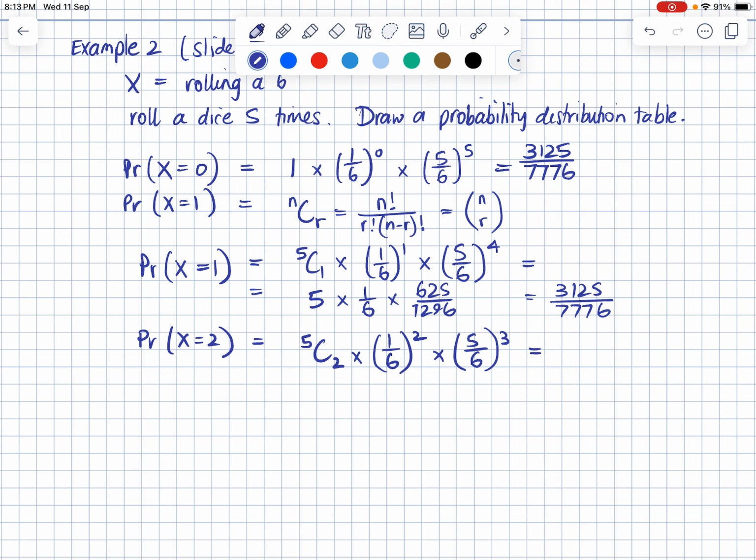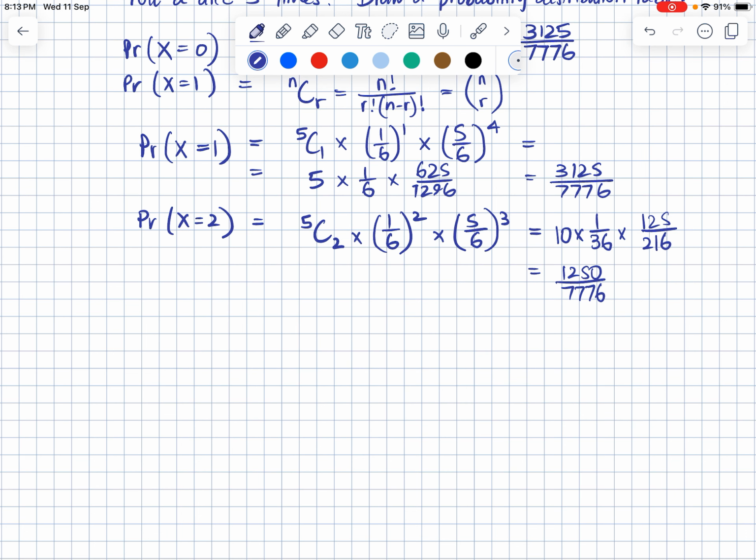If you put that onto your calculator, this time we get 10 times 1 over 36 times 125 over 216, which equals 1,250 over 7,776. And we can use this method to keep going to get all of our possibilities.